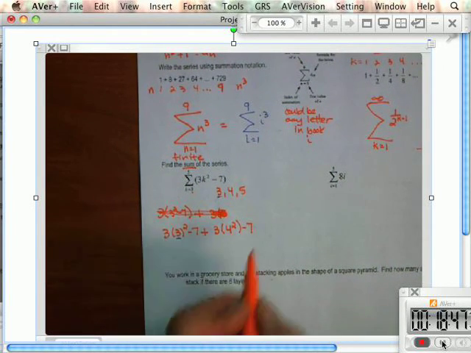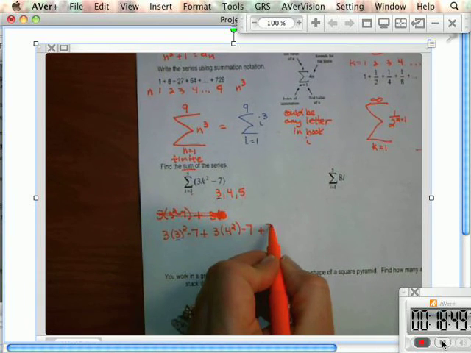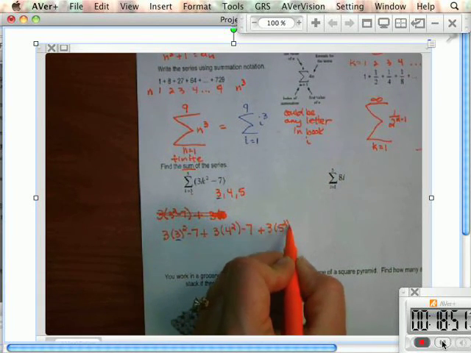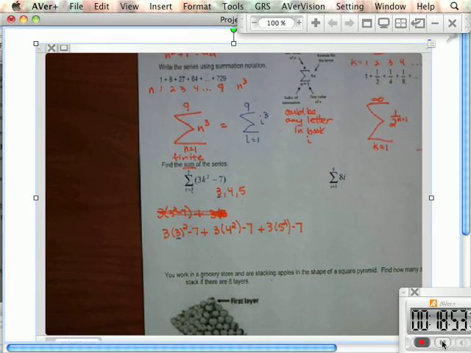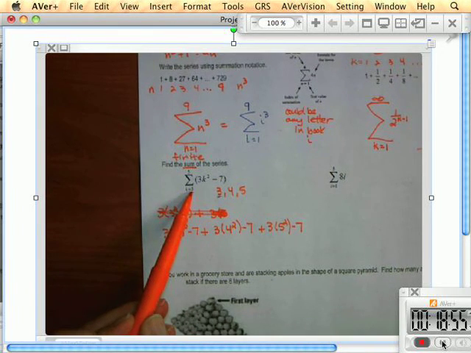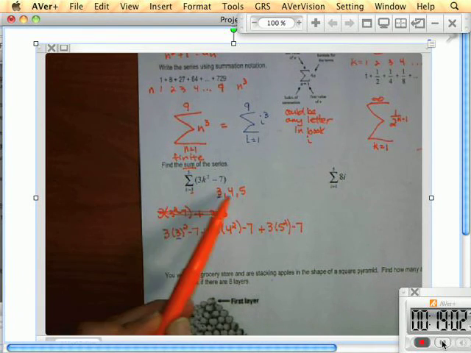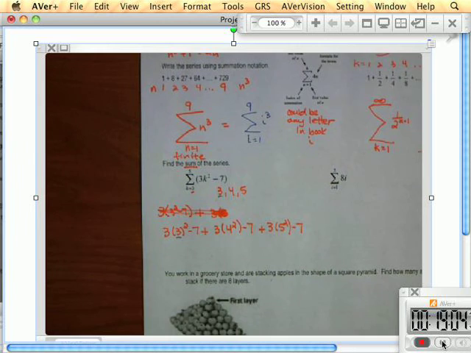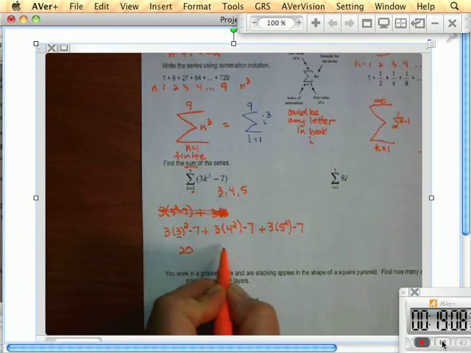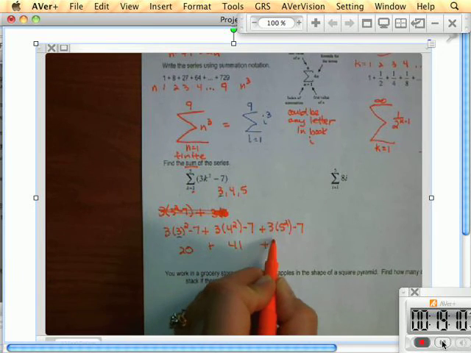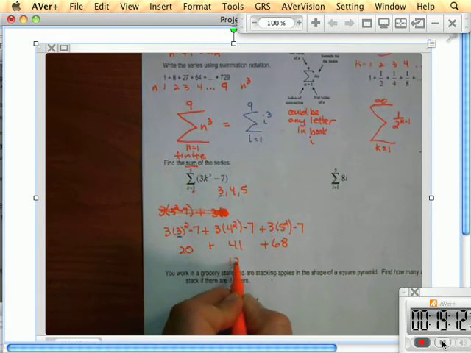And then I add to it 3 times 5 squared minus 7. So remember, this is telling me the starting number of my n's or k's or whatever, and that's the last of the input. So you start with 3 and you go 4 and you go 5. And then you do that math and you get 20 plus 41 plus 68, which is 129.